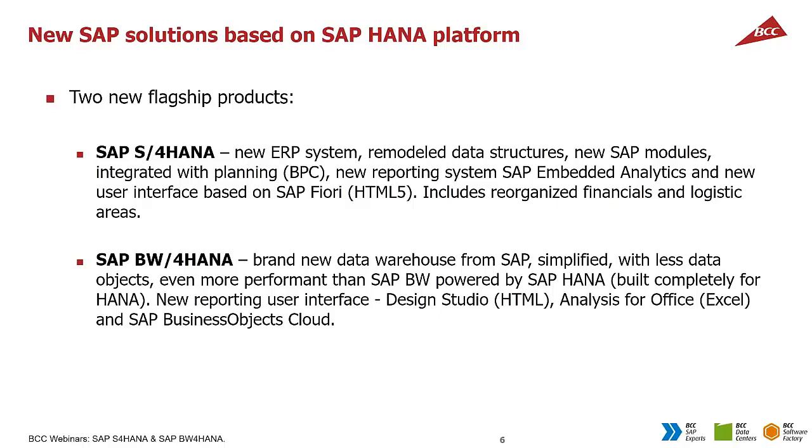The tables inside are different. There are new sub-modules integrated within this system, for example, business planning and consolidation, a new reporting system, a new user interface, and a lot of transactions and processes are a bit adjusted.